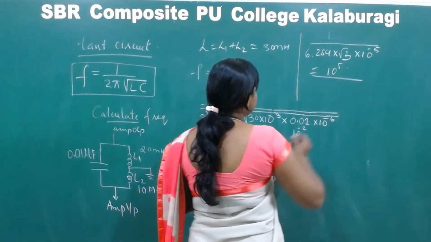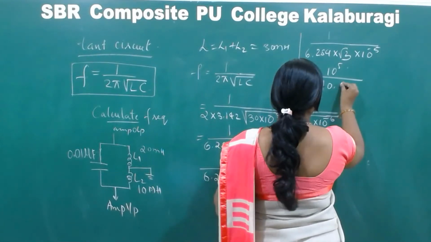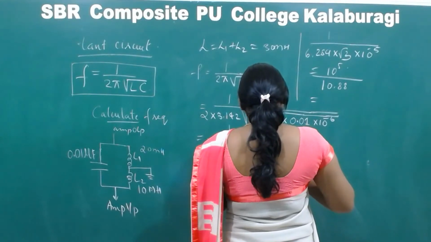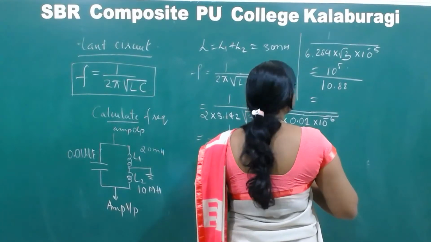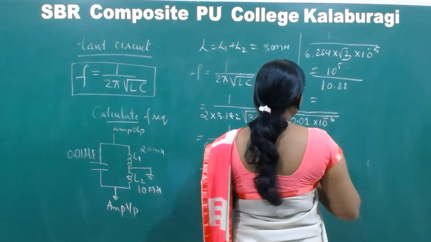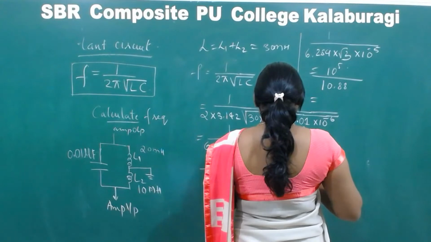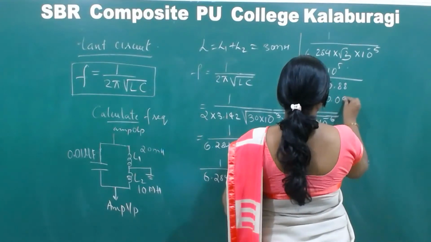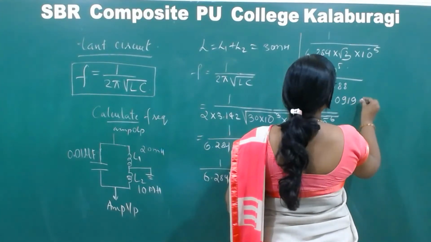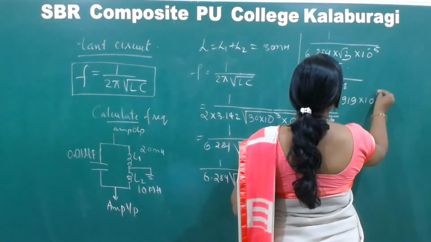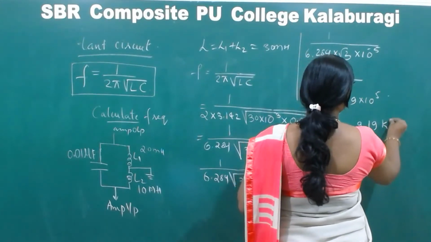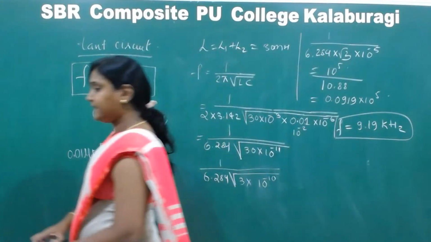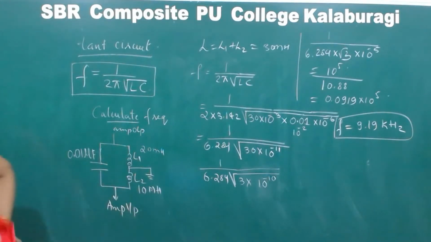That is going to give you 10.88. So this can be written as 1 by 10.88, which is 0.0919 into 10 to the power of 5. So this can be 9 kilohertz frequency. 9.19 kilohertz is the answer.